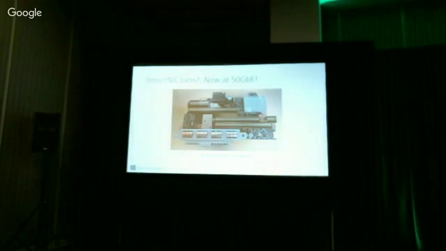I'll show you our next generation card. So the second generation card, while we're reconnecting to Dublin, actually does one better. We moved from 40 gigabit Ethernet to 50 gigabit Ethernet. This is the card here. Microsoft was a founding member of the 25/50 gig Ethernet consortium, and so this card actually follows that spec, using two 25 gig lanes across a 50 gig port on a QSFP.